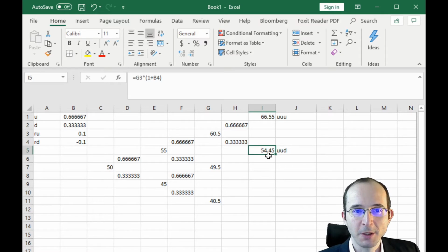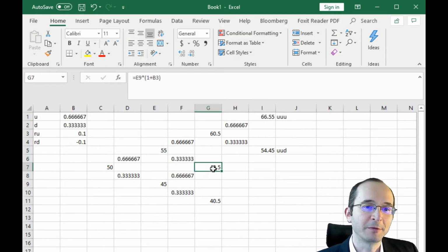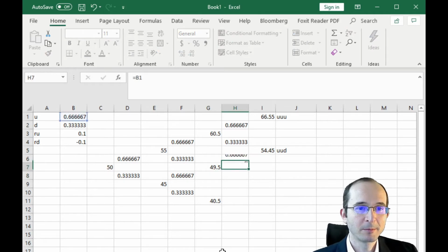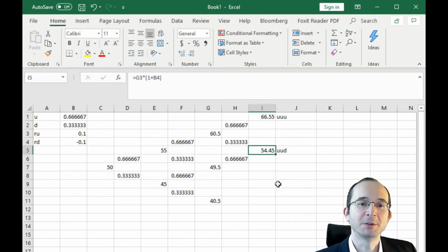But is this actually the only way to get to this state? Well, no, right? Because what if we instead had gone up from 50 to 55, then down from 55 to 49.5, and now we are to go up again, 2/3 chance of that happening. That should get us to 54.5 as well, right?